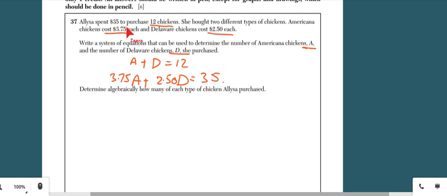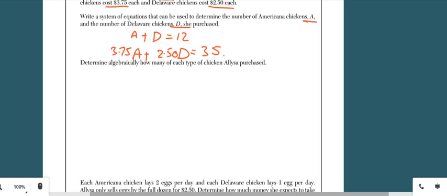Okay, determine algebraically how many of each type of chicken she purchased. So how many means how many Americana and how many Delaware. So from the first equation I get the value of A in terms of D, which is 12 minus D. I subtracted D. I am using the substitution method for solving this system of equations.